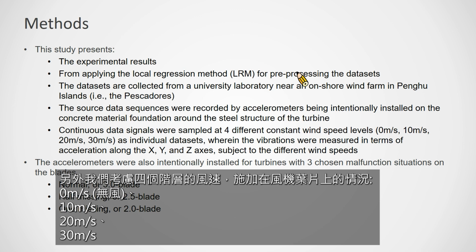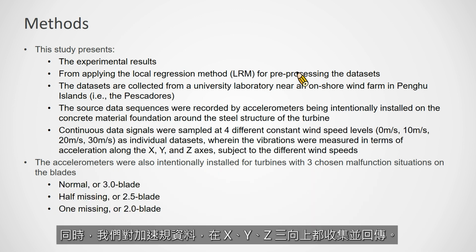The accelerometers were installed for turbines with 3 malfunction situations on the brace, namely full brace or free blade, a half blade broken or 2.5 blade, and a full blade broken or 2 blade.